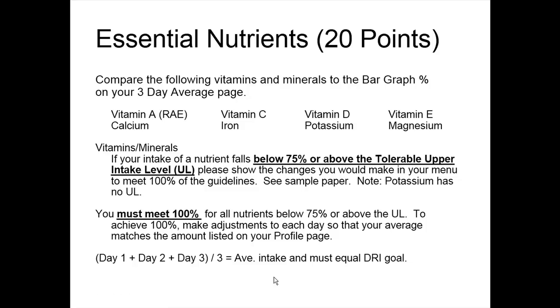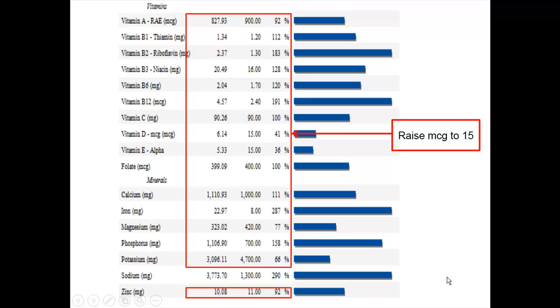So what you're going to do is, again, go through each day and make adjustments if necessary to meet that 100% goal. Here are the percentages we're going to use, except for sodium. What they did here is they took your value, divided by your DRI goal, and got a percentage.